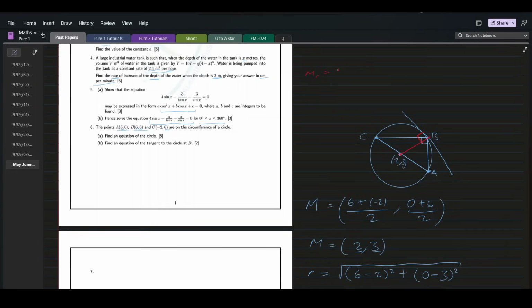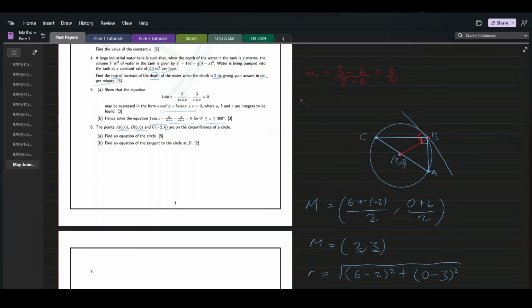That's change in y, so we've got 3 as the y coordinate at the center, minus B, which has coordinates (6, 6), so that's 3 minus 6 over 2 minus 6. Let's punch this into the calculator. 3 minus 6 over 2 minus 6 gives us 3 over 4.